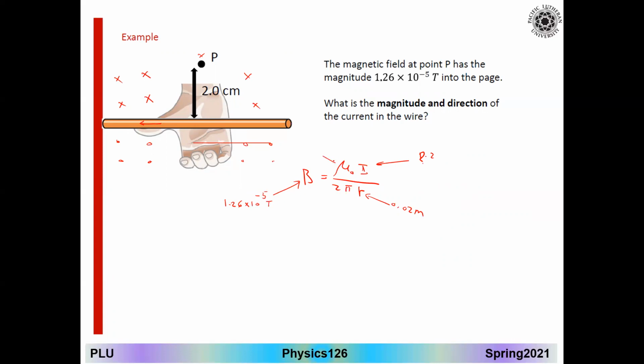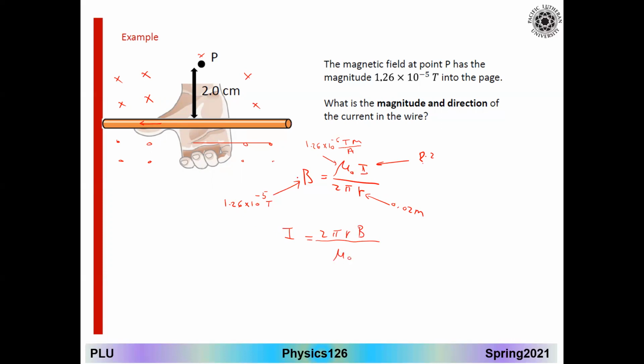And here is the mu, we have it: 1.26 times 10 to the minus 6 Tesla meter divided by ampere. So I have all those values. I can rearrange my equation to find the current. The current in that case will be 2 pi R times B divided by mu 0.